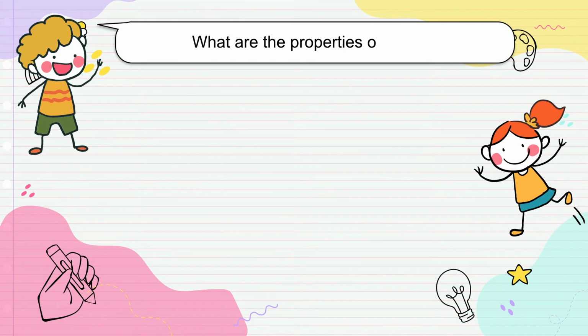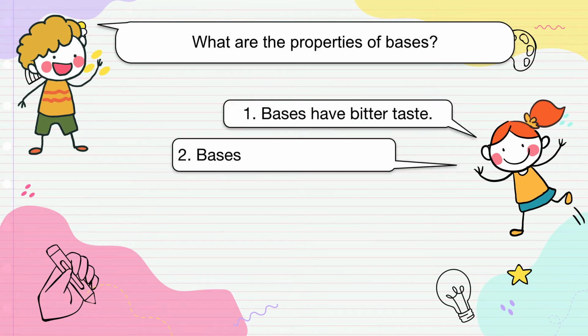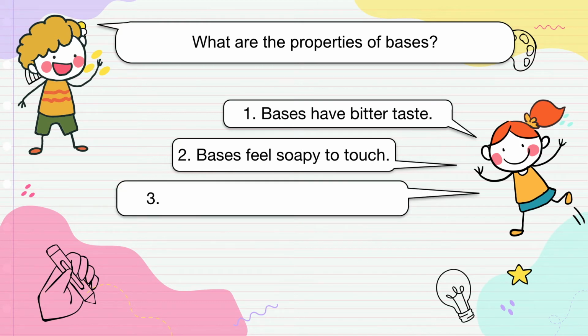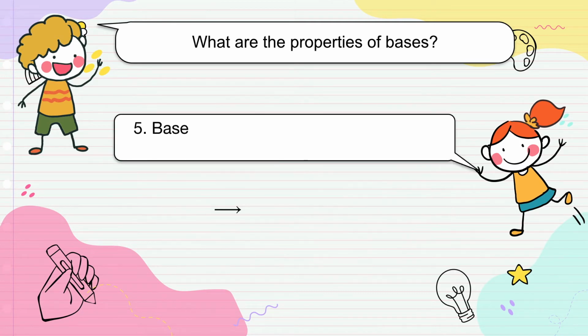What are the properties of bases? Bases have a bitter taste. Bases feel soapy to touch. Bases turn red litmus to blue. Bases conduct electricity in solution. Bases react with some metals to form hydrogen gas.